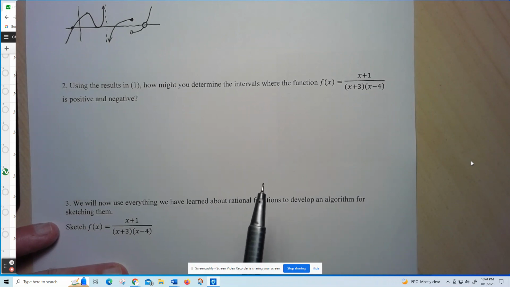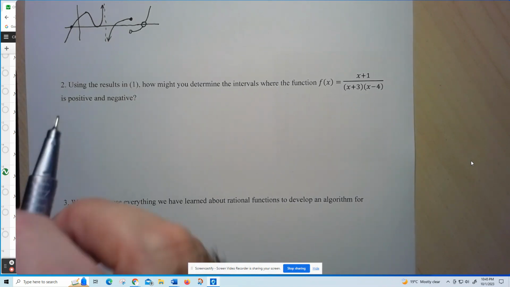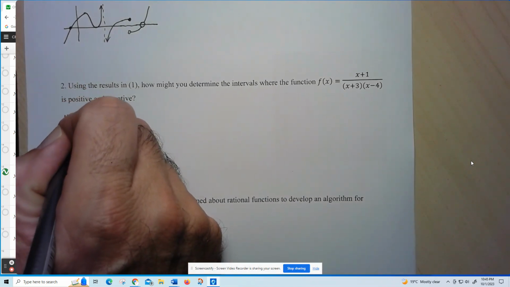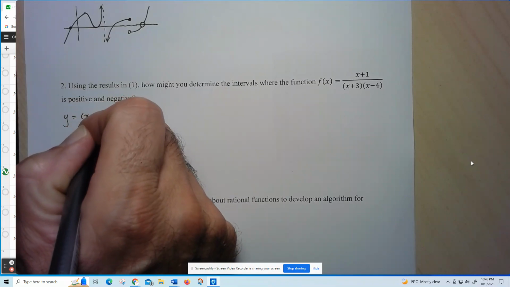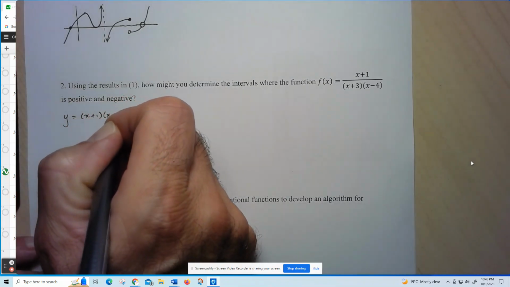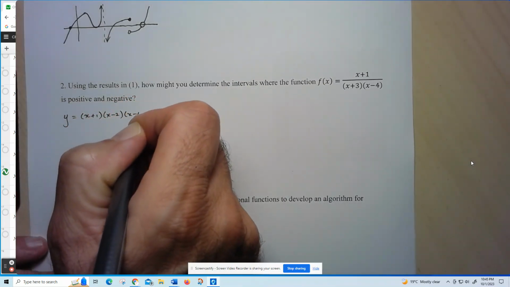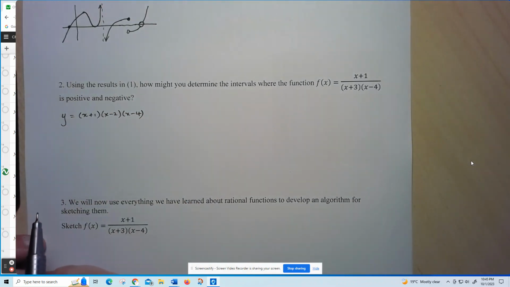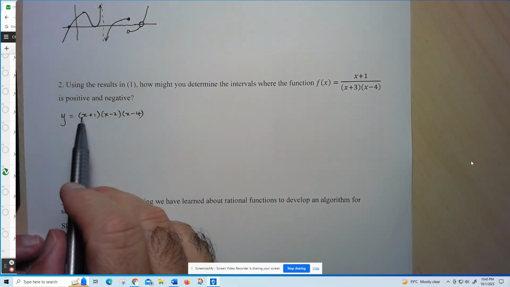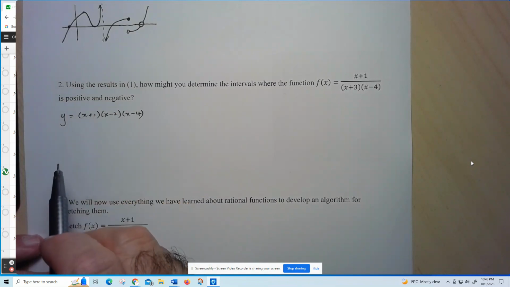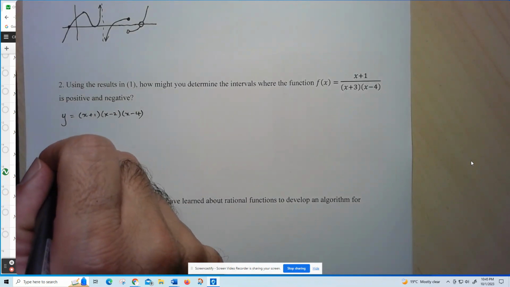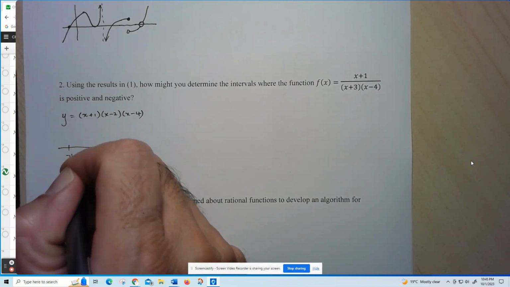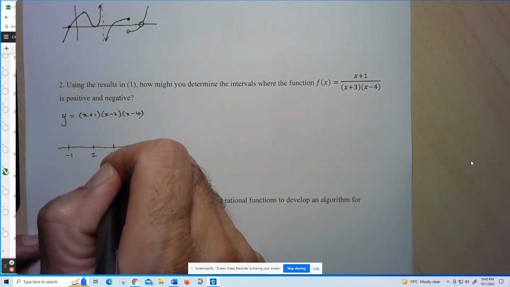is positive or negative. Now think back to what we did when we had a polynomial. What was nice about polynomials is that they were easy to graph. So I see a third degree polynomial with a positive leading coefficient, and I know the x-intercepts at -1, 2, and 4.